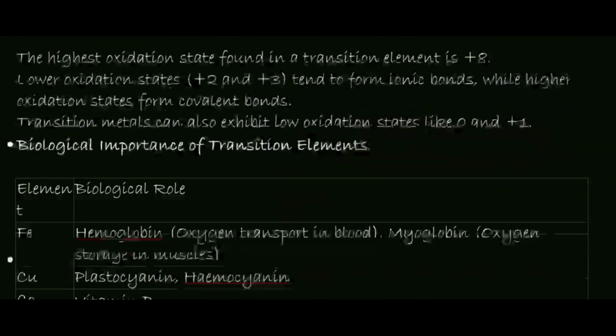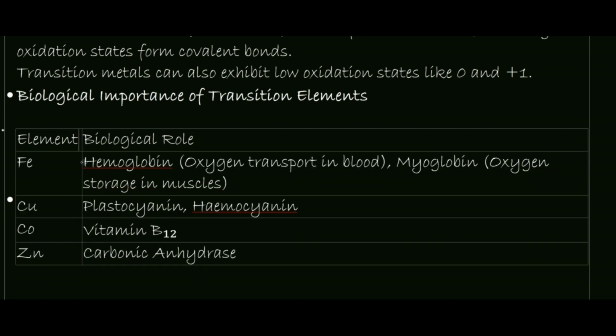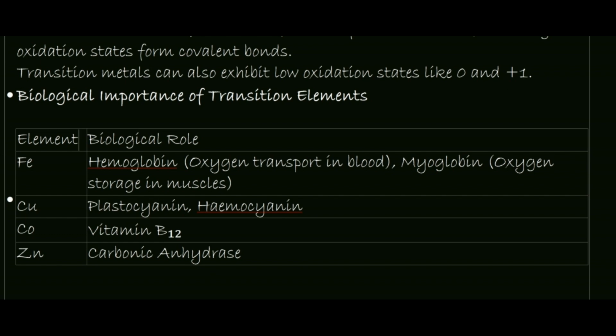Then, most importantly, you have to know about the biological role of these transition elements, which is, as I told, iron in hemoglobin, copper in hemocyanin, magnesium in chlorophyll, cobalt in vitamin B12, zinc in carbonic anhydrase.